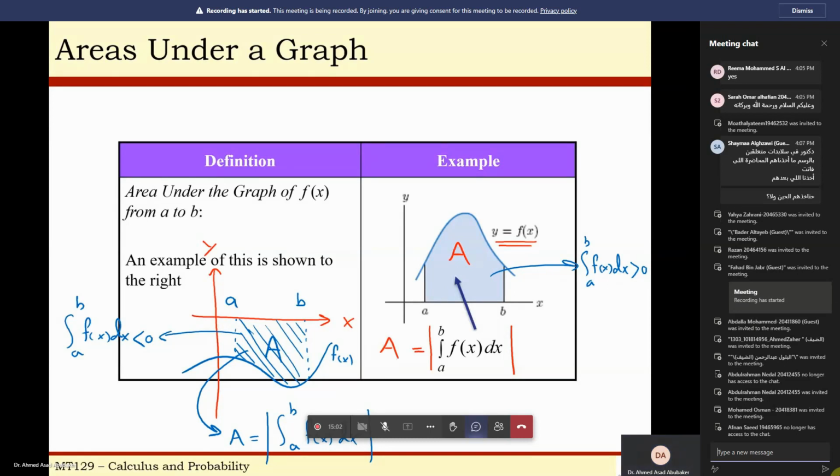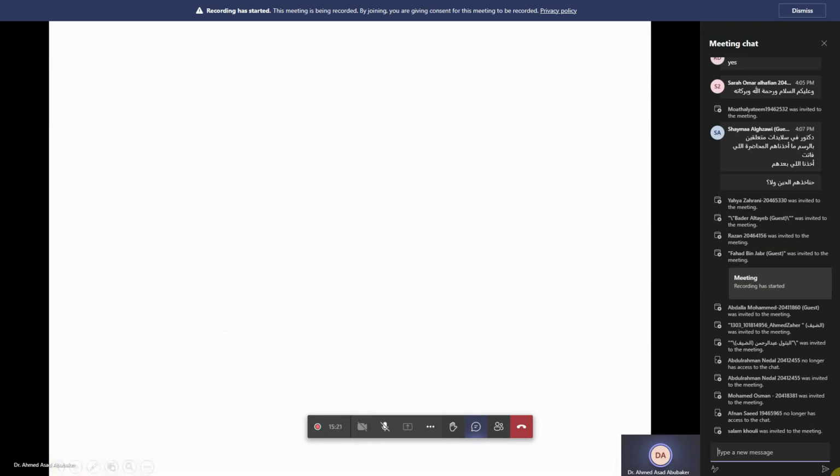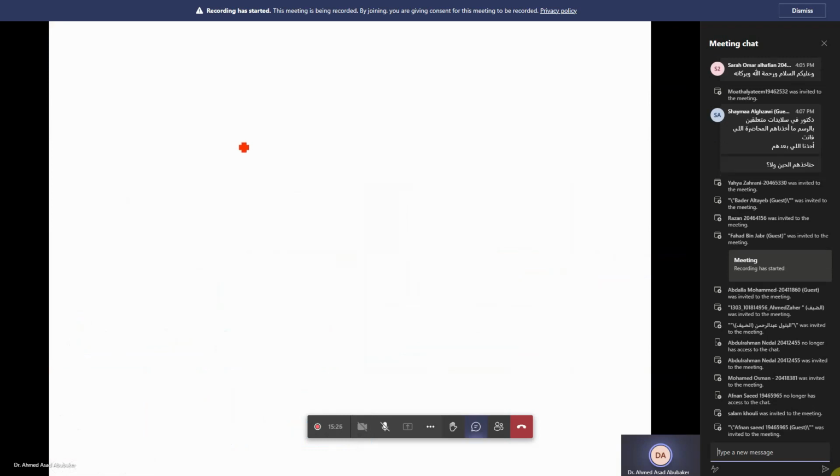Now, before we put the laws to find the area between the curve and the x-axis, or between two curves, we need to show this.